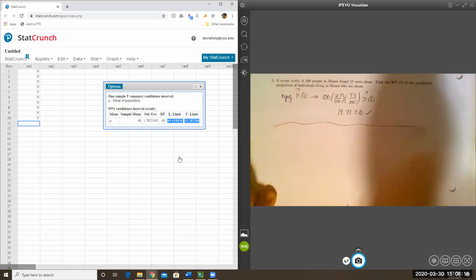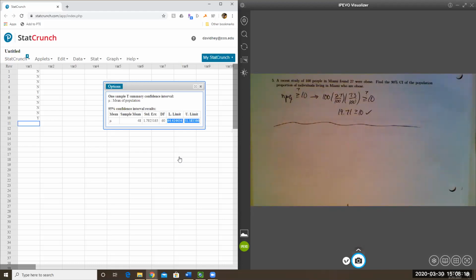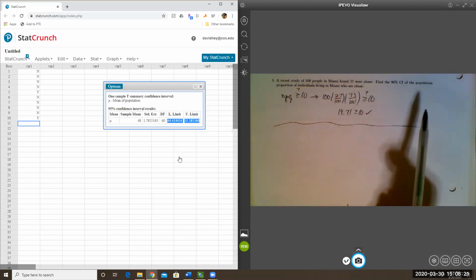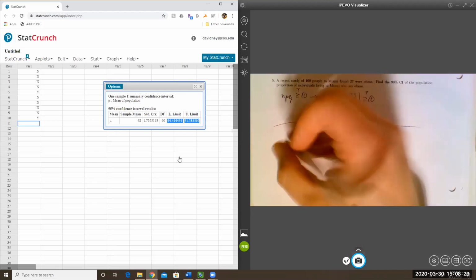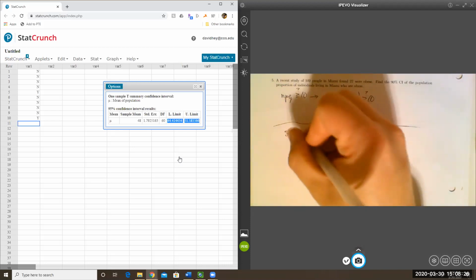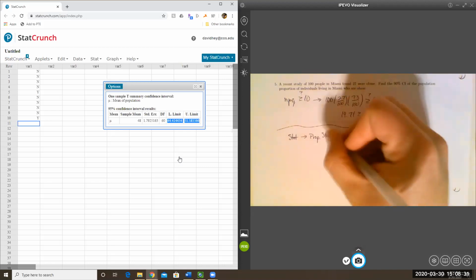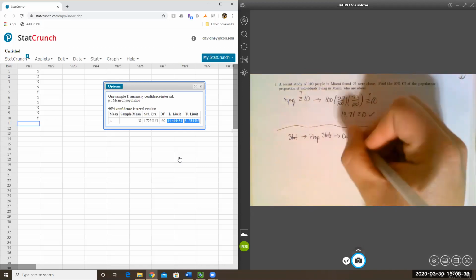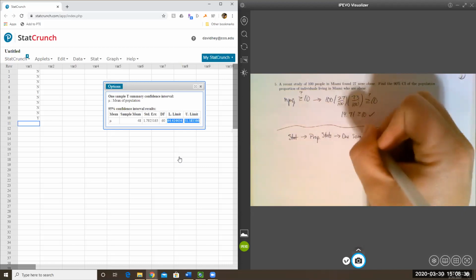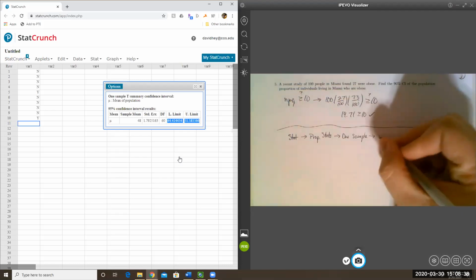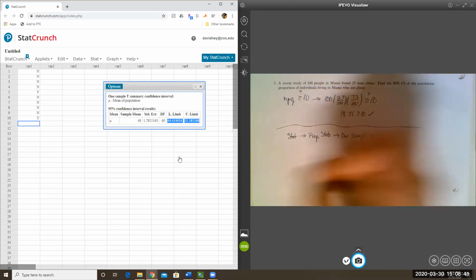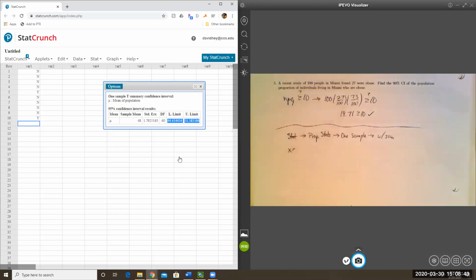Let's do it. To construct this interval, we want a confidence interval for the population proportion. So we're going to go to stat, proportion stats, one sample, and we don't have any raw data, so we'll say with summary. We'll be prompted for the number of successes. In this case, out of our 100 people who were surveyed, 27 had the characteristic we were looking for, right? 27 were obese.